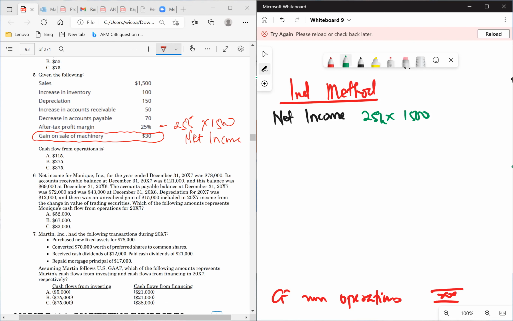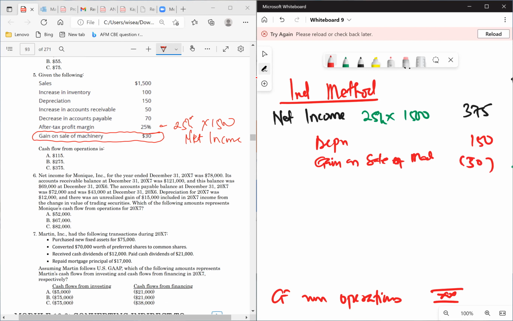So 25% times 1,500 is 375. Then depreciation will be added, 150. Then the gain on sale of machinery will be subtracted, 30.